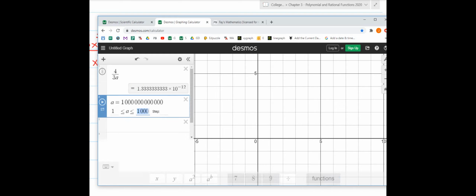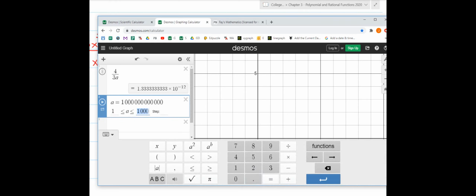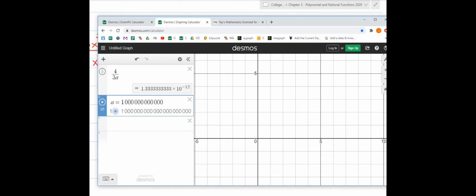Now, if I was able to let this thing go to even larger values, you can see then that now we get to negative 21 as my exponent. So now we've got 20 zeros, okay, which is a much smaller number, closer to 0 than it was when it was 11 zeros out front, right?